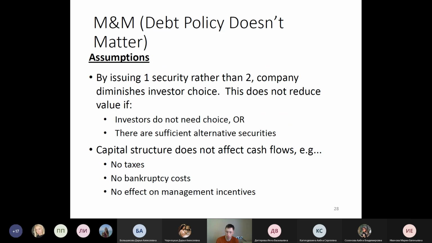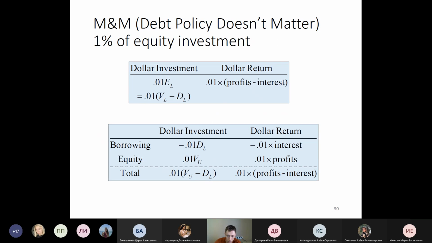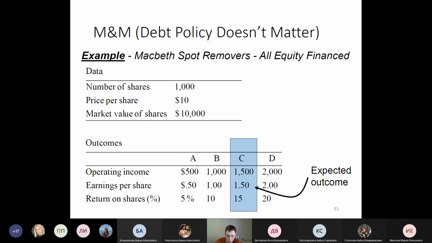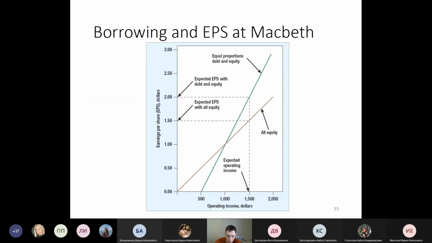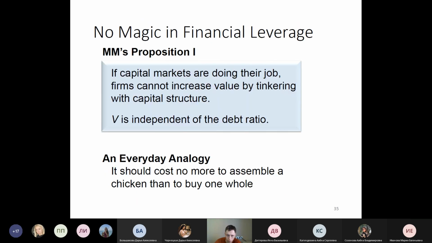So investors themselves can replicate the financing structure, and therefore the firm doesn't have to make any adjustment in its financing structure. This idea is illustrated in the examples that we discussed in this part of the lecture.